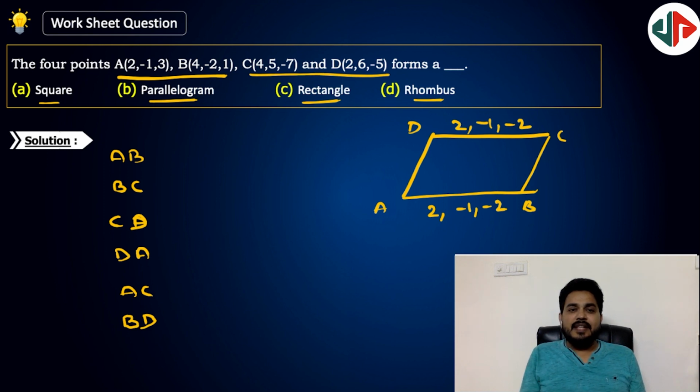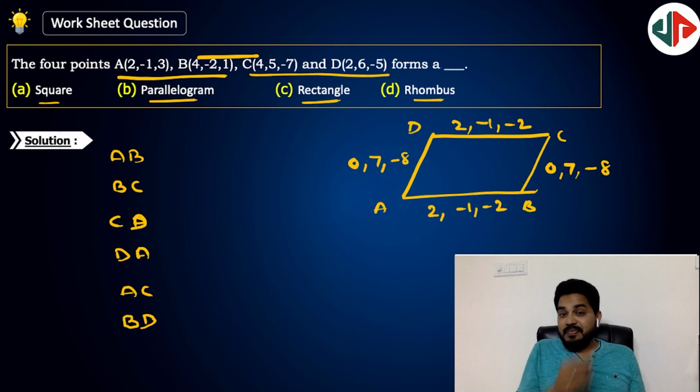Next, BC: 4 minus 4, 0; 5 minus of minus 7, minus 7 minus 1, minus 8. Now AD: 2 minus 2, 0; 6 minus of minus 1, 7; 5 minus 3, minus 8. So these are parallel. So it's going to be a parallelogram.